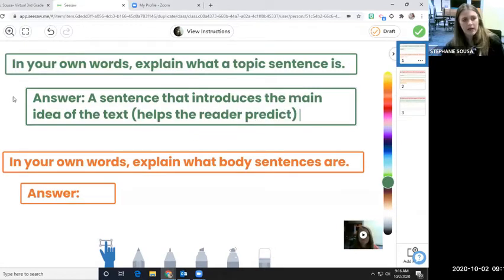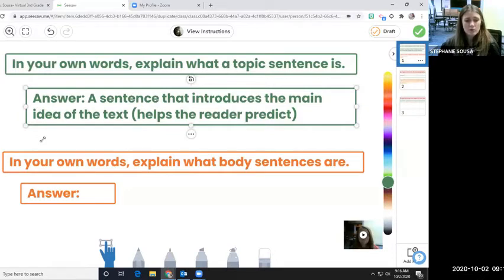So if I pick up a paragraph from one of you guys and it says, cheetahs have many adaptations that help them survive, and then your next sentence is about purple unicorns flying through space, that's not going to be good, right? Because your beginning sentence helped me predict that I should be learning about cheetahs. So I would be very confused. I would be like, huh? If I started to read about purple unicorns flying through space when your topic sentence said cheetahs, okay?